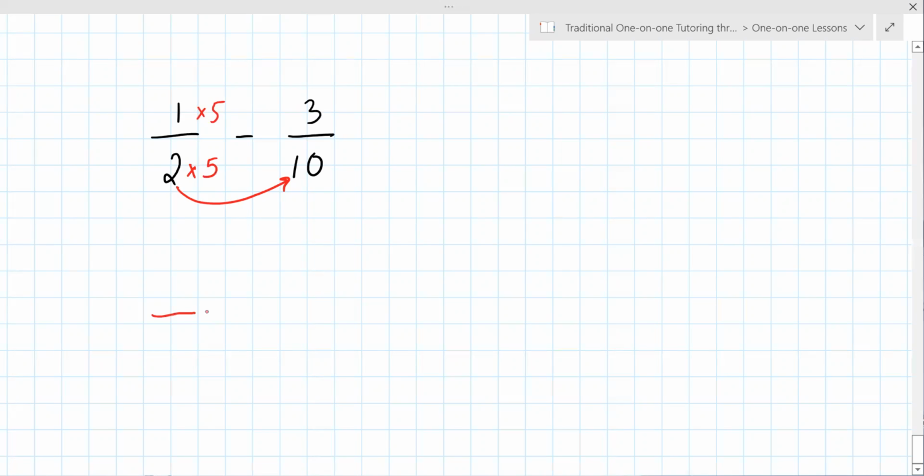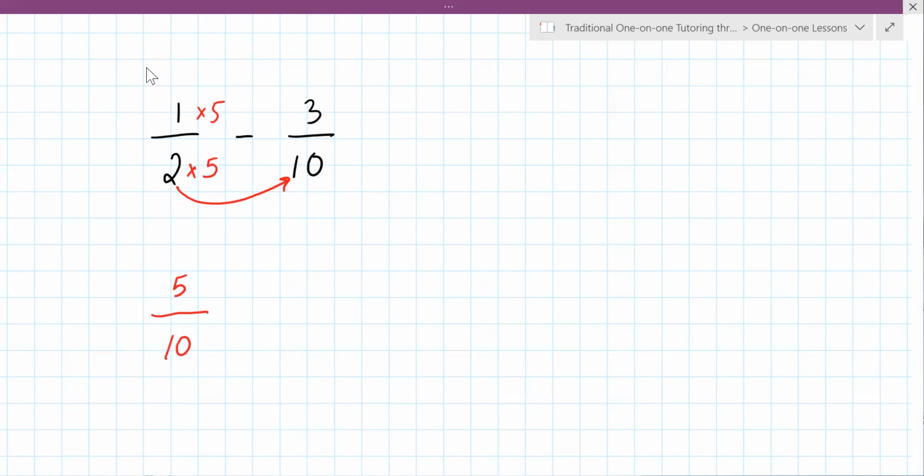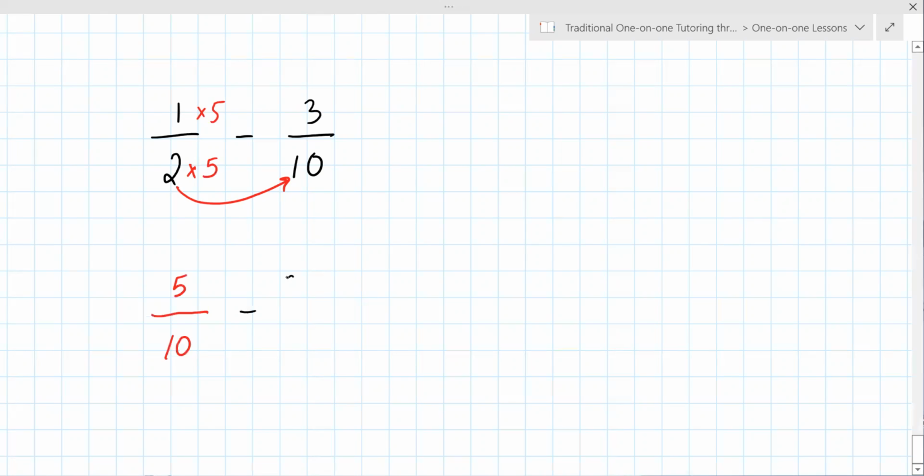The left side here becomes 5/10 minus 3/10, which is 2/10. Now, this is the first problem where you have to know to reduce this fraction.